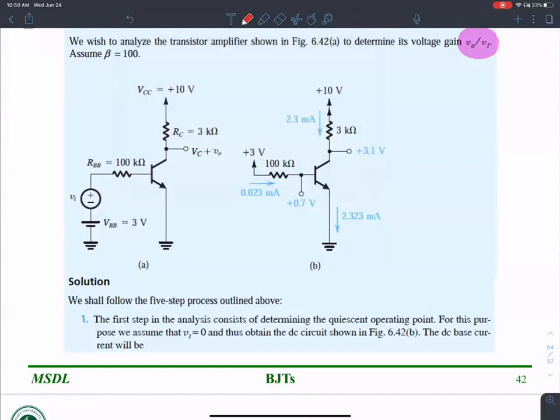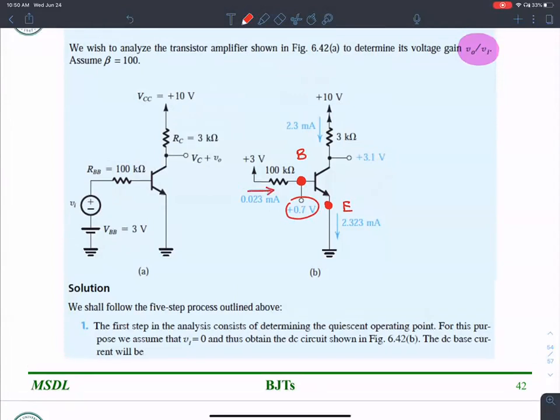As a first step, notice that because the emitter is ground, the base comes out to be 0.7 volts. Once that is 0.7 volts, I should be able to calculate IB. IB is simply 3 minus 0.7 over 100 kilo ohms, Ohm's law, the voltage on either side of that 100 kilo ohm resistance.